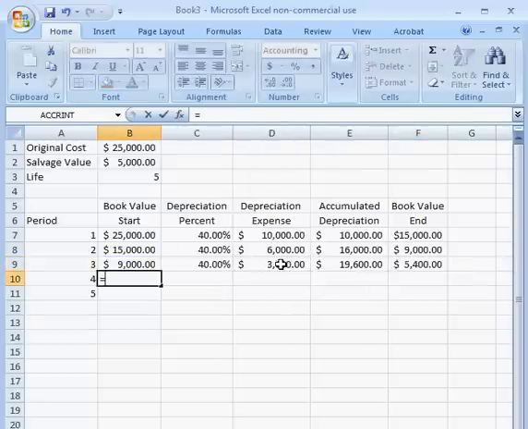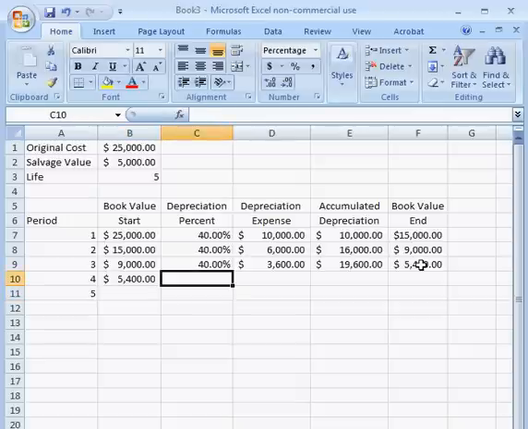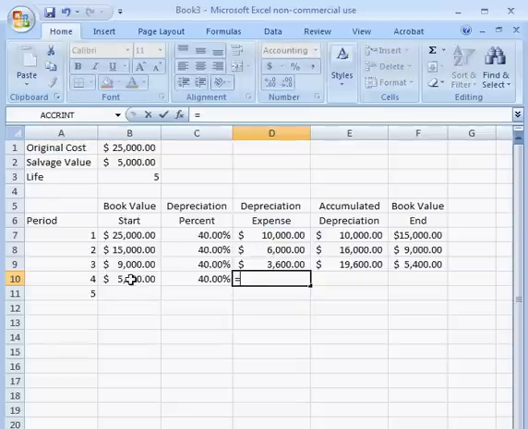Continue this here. The book value at the start for period 4 is going to be $5,400. For now, again, let's just put in this 40%. The depreciation expense is the book value multiplied by the depreciation percentage.